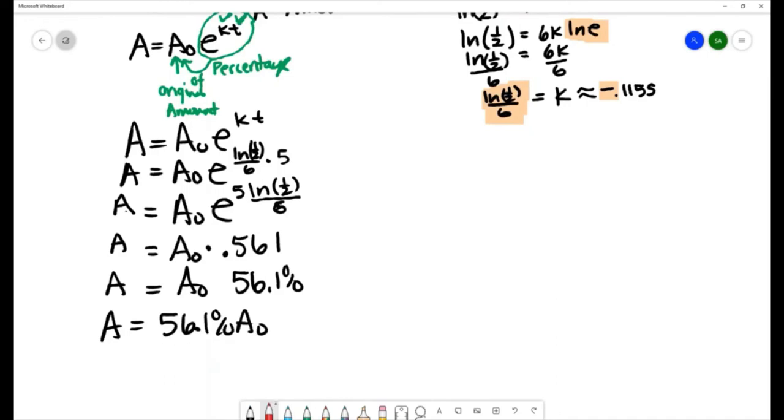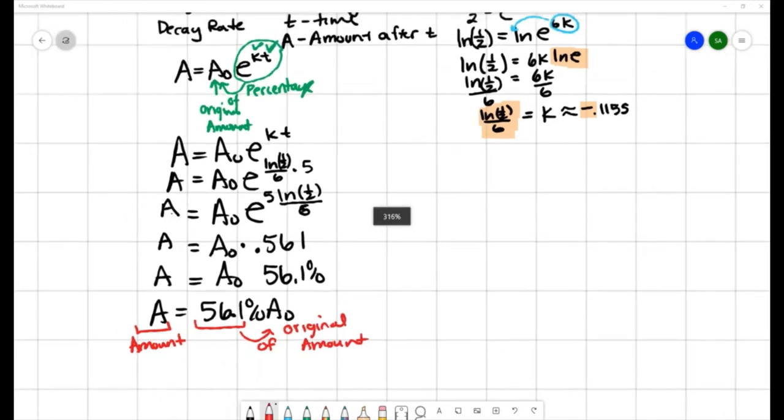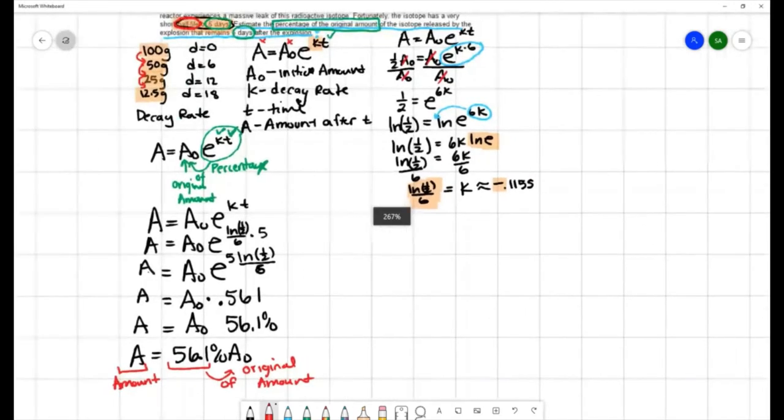And we are going to end up with this amount, which is 56.1% of the original amount. I'm going to zoom out so you can see the whole question at once, all the work.